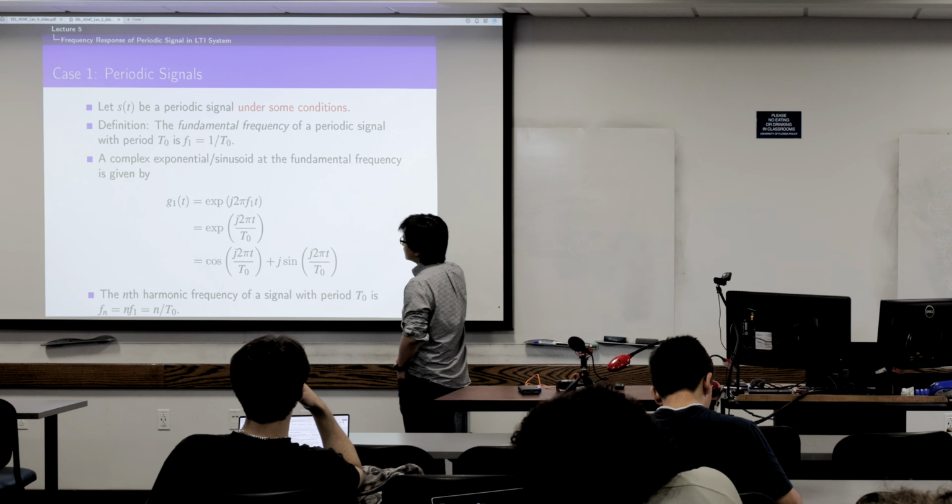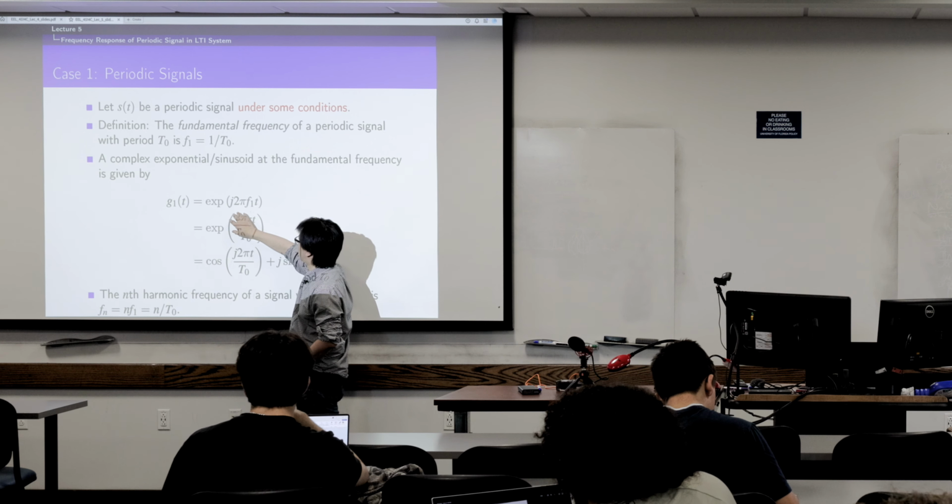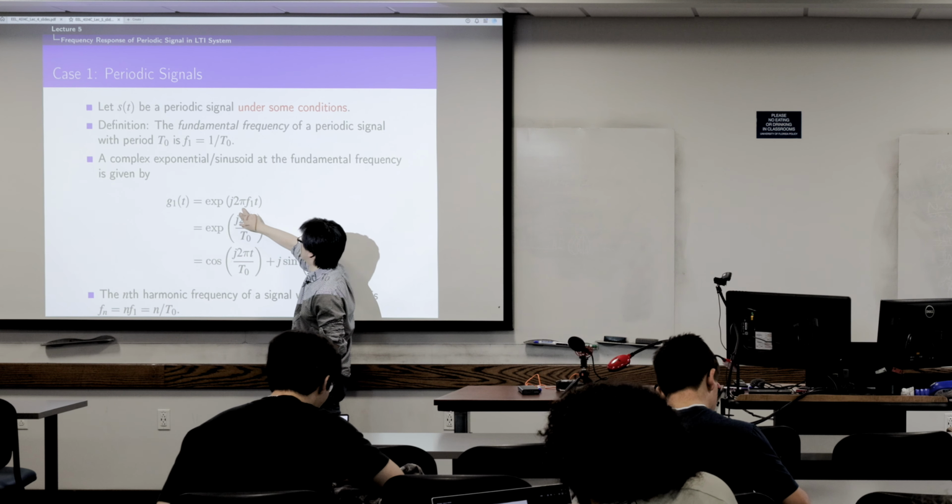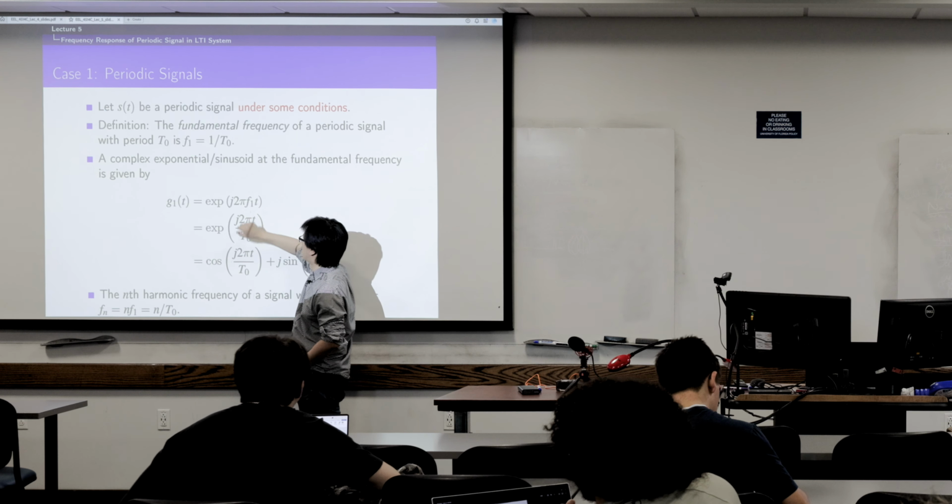So instead of sine and cosine, here we consider the complex exponential, e to the j omega t, where omega equals 2 pi times f1, and f1 equals 1 over T naught. Using Euler's formula, the complex exponential is nothing but the cosine part plus j times the sine part.